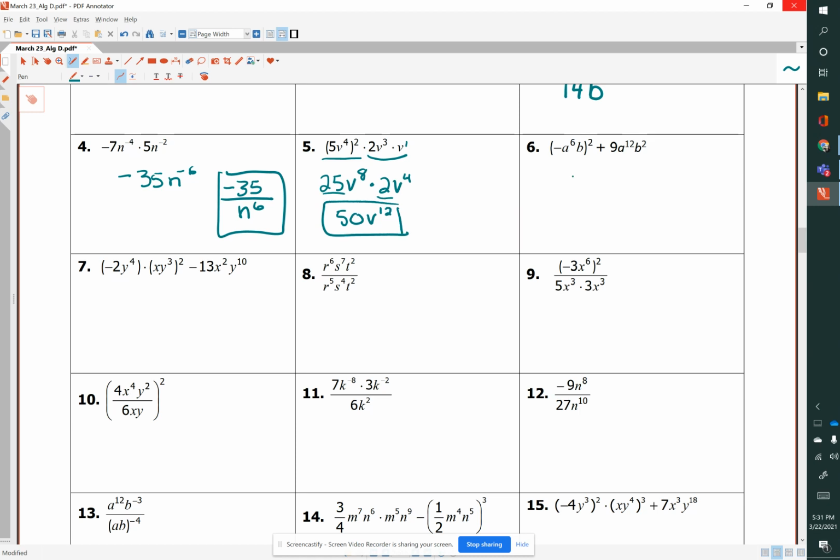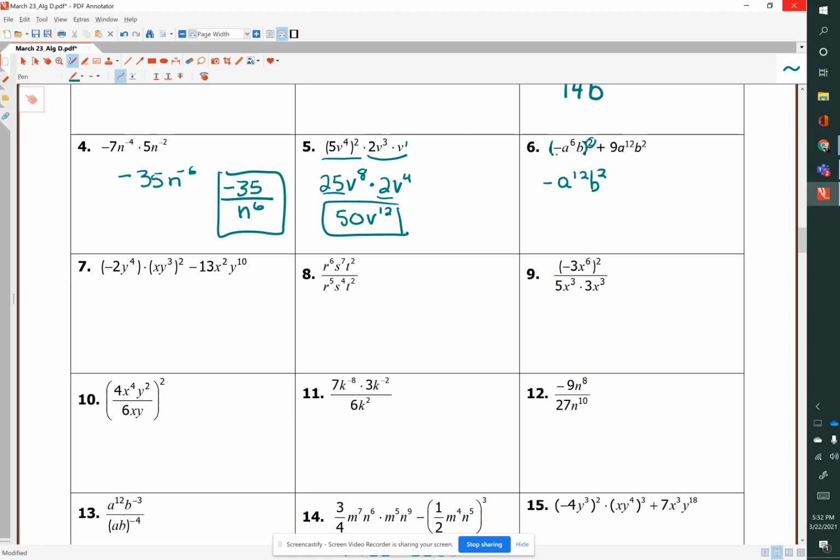Number 6, we have to raise this quantity to the exponent of 2, so that will be negative a to the 12th power, b to the second power. But I made a mistake.